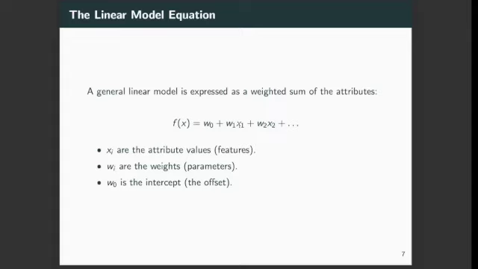Let's say x1 is the employment status, x2 is the balance, and so on. And w is the weight, or what we call the parameter. And w0, or w sub 0, is what we call the intercept. This intercept acts as the offset.